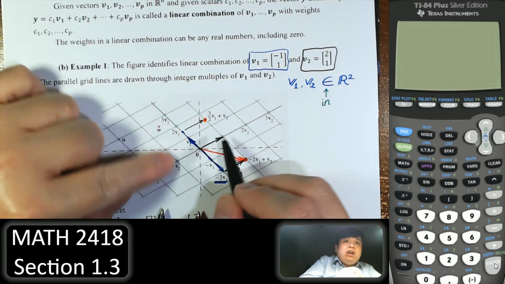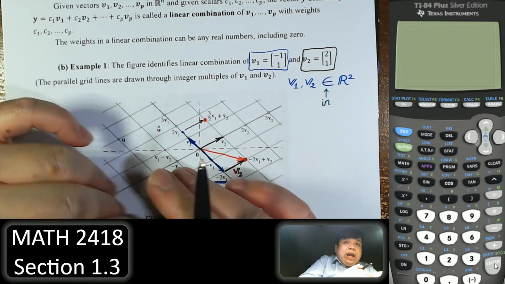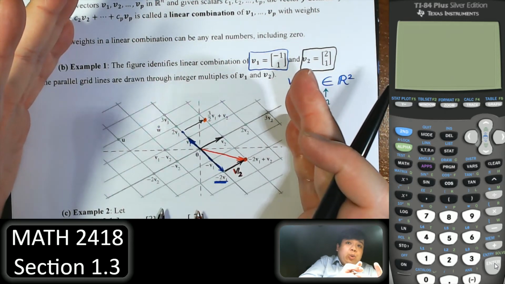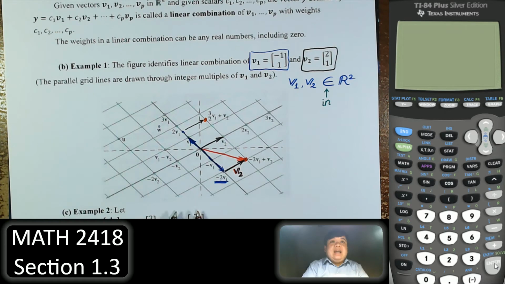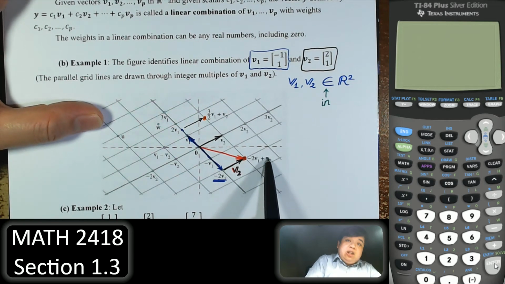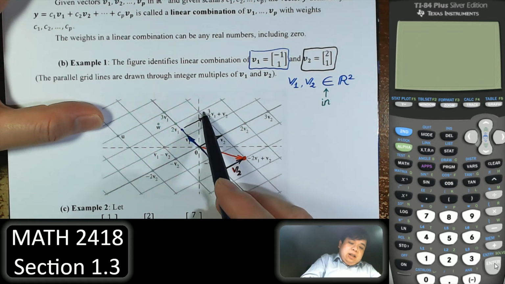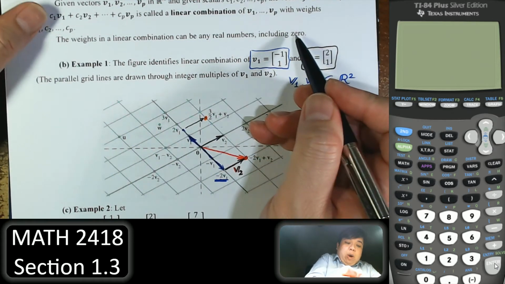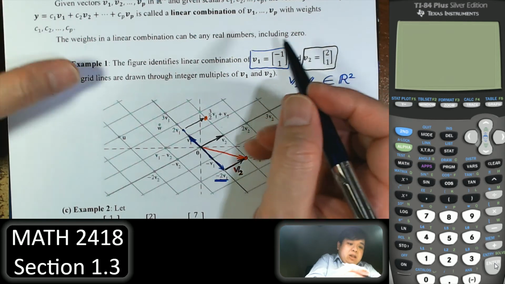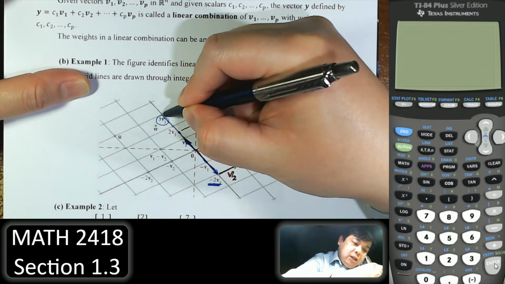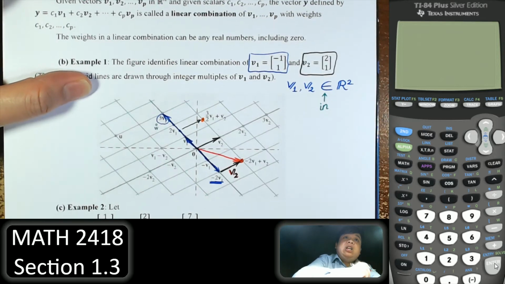So given two vectors like this in the plane, we can go to any point in R2. So bottom line, this is a linear combination of v1 and v2. Of course, the weight of the linear combination can be 0, so 3 times v1 is also a linear combination of v1 and v2.